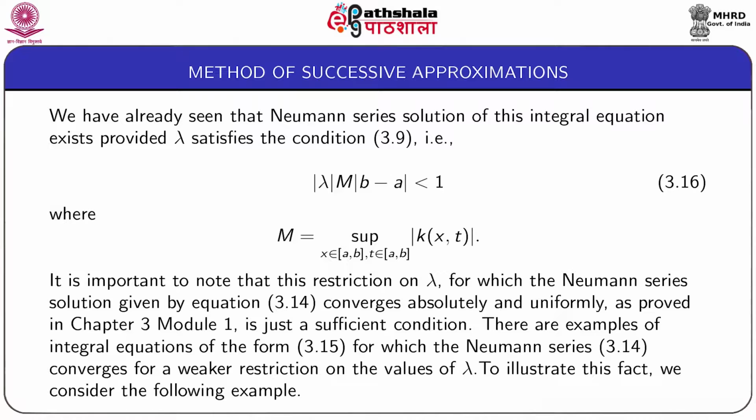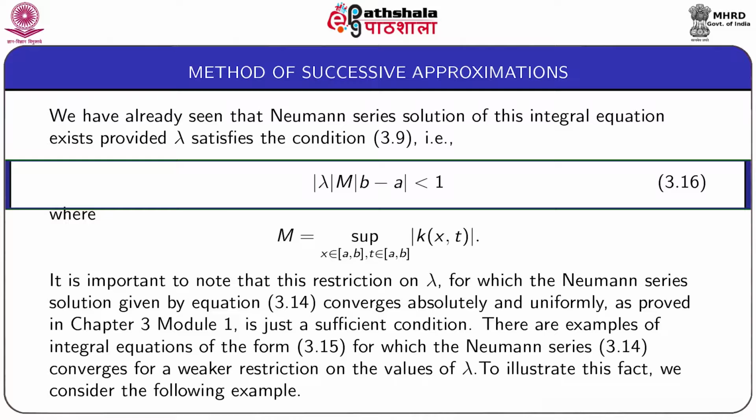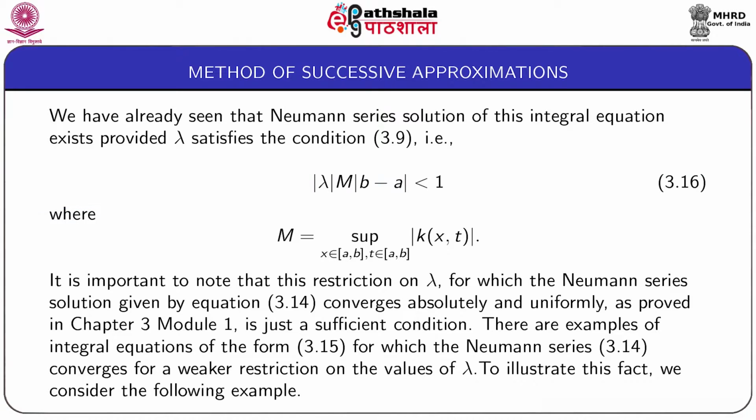We have already obtained the solution of equation 3.15 by the method of successive approximations in the previous module, and by this method we have seen that the Neumann series solution of this integral equation exists provided the parameter lambda satisfies the condition given by equation 3.16, that is mod lambda into capital M into (b minus a) should be less than 1 in order that the Neumann series solution exists.